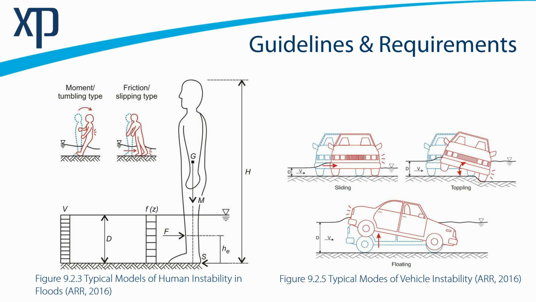And of course, the photos I showed before showed a couple of vehicles floating, as per the bottom example on the bottom right-hand side. But it doesn't really take a lot of water, nor does it take a lot of speed of that water to create a significant impact. And that Chapter 9 in Australian Rainfall Runoff, Section 2, has some very good guidance on what the maximum velocities versus the minimum depths.